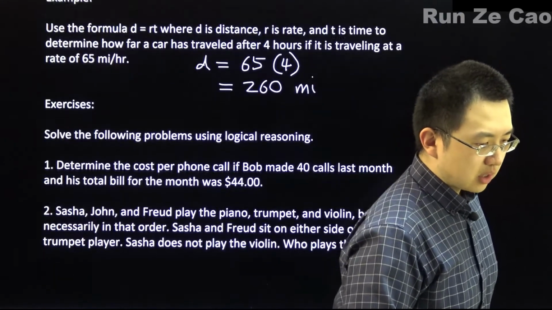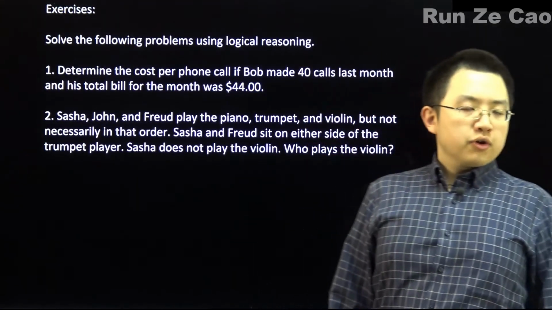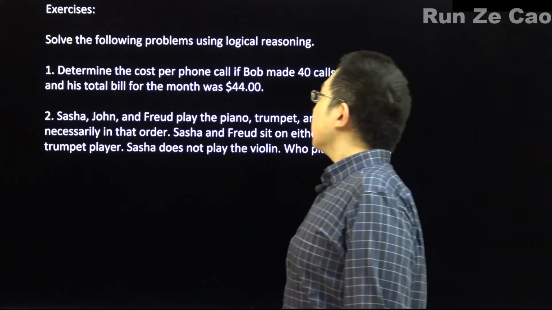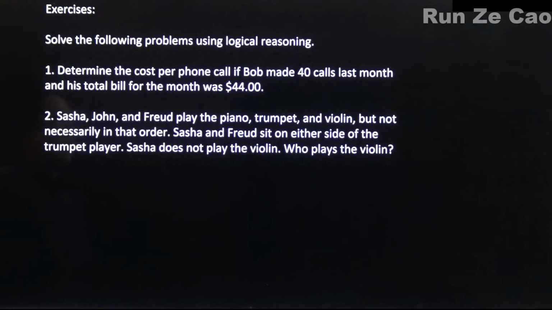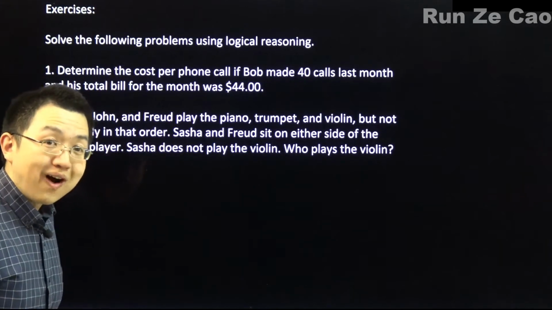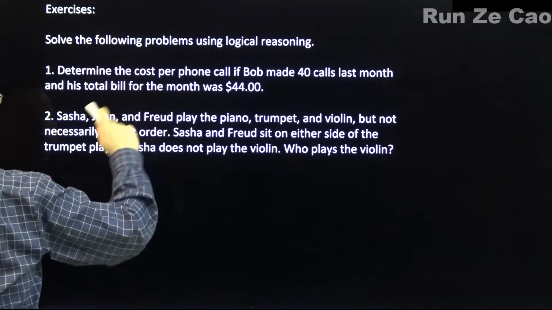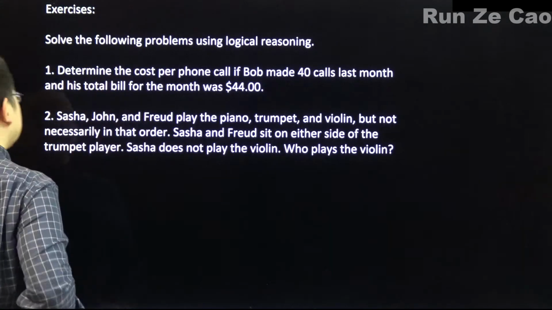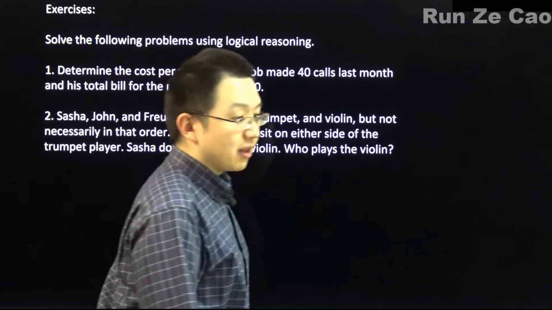Let's use logic for some of these following problems. Now, presuming that the cost per call is constant. Wait a second, do we actually have to presume this? No. Why? It's cost per phone call. That means it's an average, which means that we can just divide the cost by the number of calls.